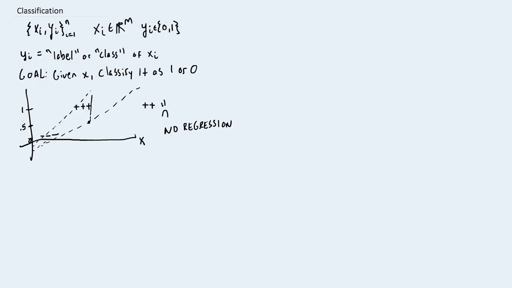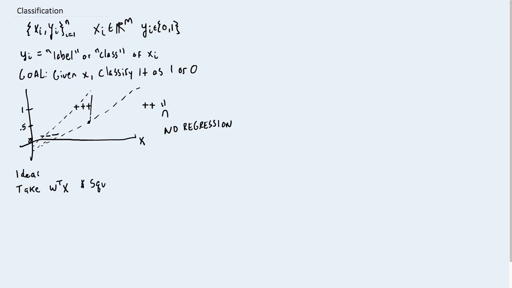So here's an idea. We can still use a linear function. We can still use a linear combination of the elements of x. So let's take W transpose x, some weighted combination of x, and squash it.